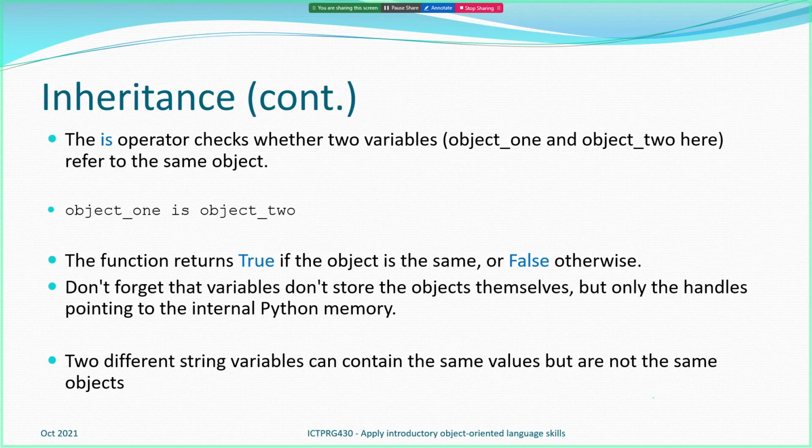So object 1 is object 2 is saying, is the unique code that identifies the object the same in both objects? If it is the same, then it returns a true.